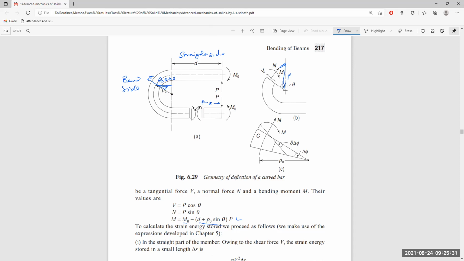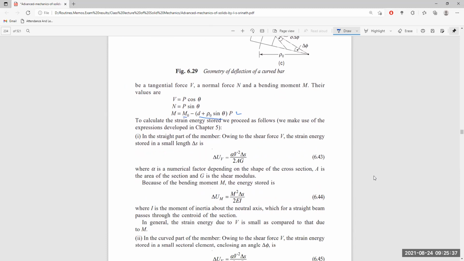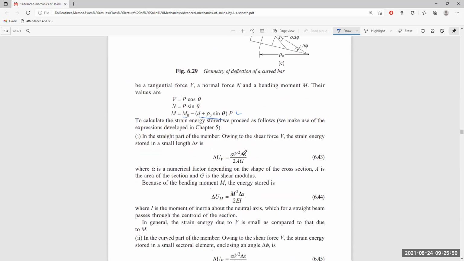Now, in the straight portion of the beam, owing to the shear force V, the strain energy is stored in a small length delta S. There is a shear force V here, and this shear force will also act here if you take a section here, again as V. Due to the effect of the shear force, the strain energy stored in a very small length delta S is alpha into V square into delta S divided by 2 into A G. This is the strain energy stored due to the shear force.